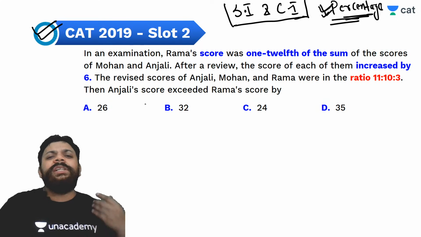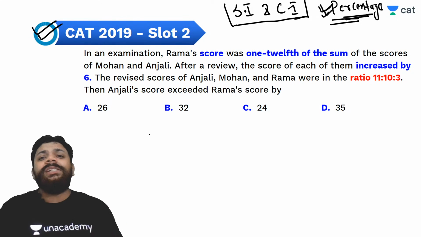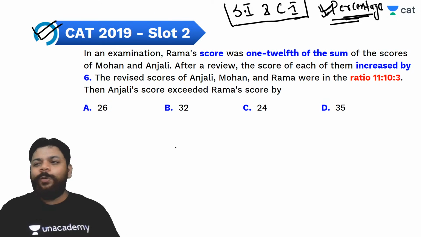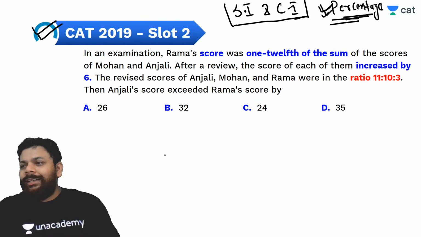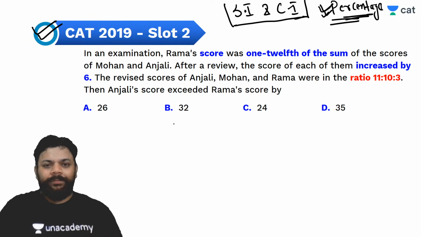So the first equation, after just reading that question, in an examination, Rama's score was 1/12 of the sum of the scores of Mohan and Anjali. कार्तिक अभी सॉल्व किया है तुमने या पहले से सॉल्व किया हुआ है?